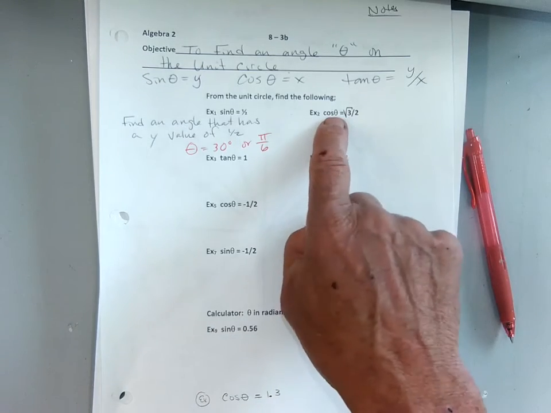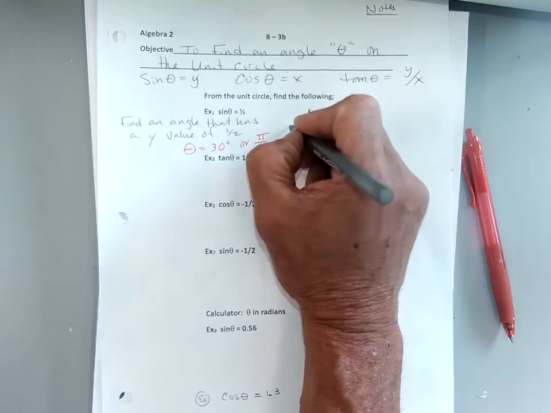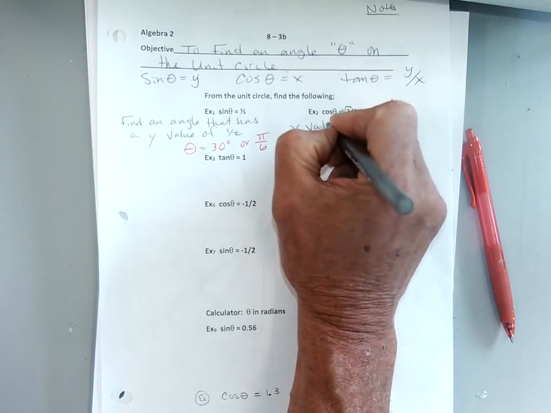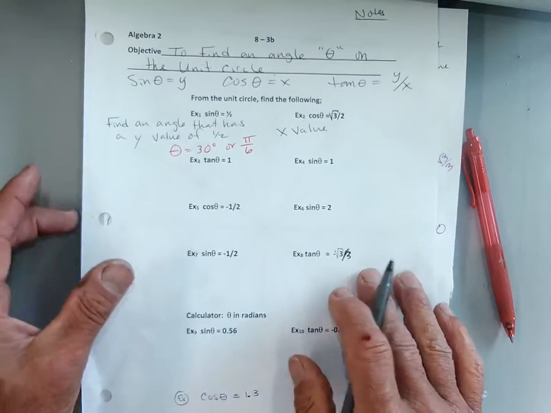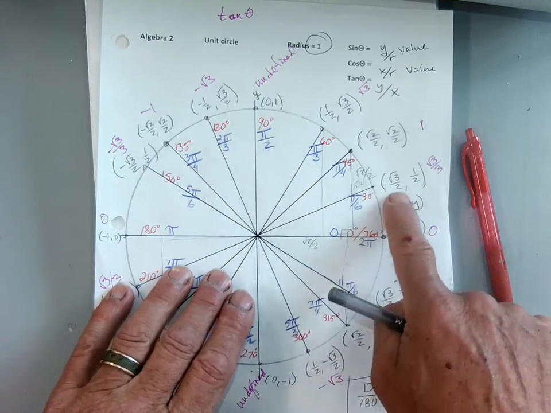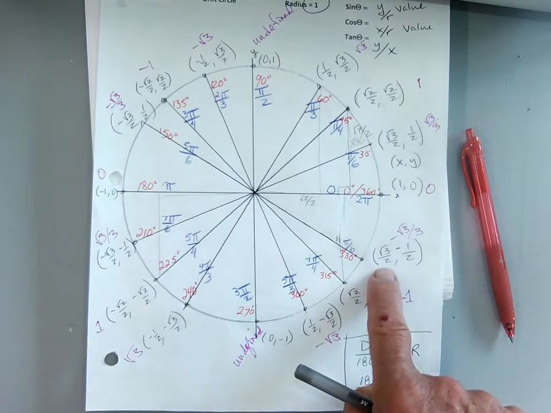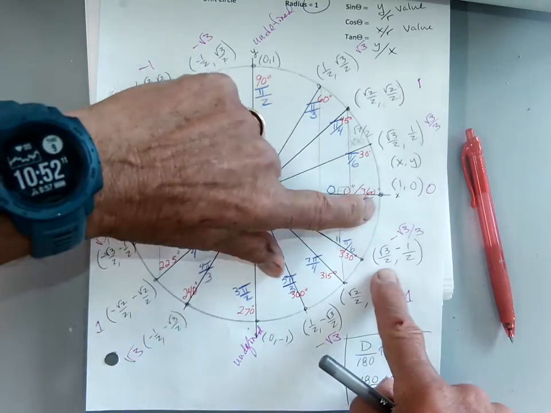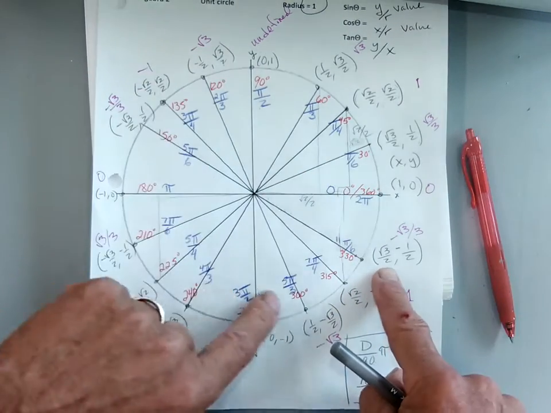Example 2. We're looking for an x value, right? Cosine's an x value of square root of 3 over 2. So I look at my unit circle, square root of 3 over 2. X value is here, and it's also down here. So either it's going to be 30 degrees or 330 degrees, but I don't want to go 330 degrees.